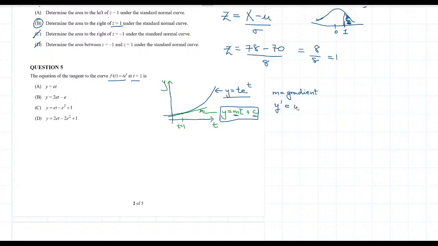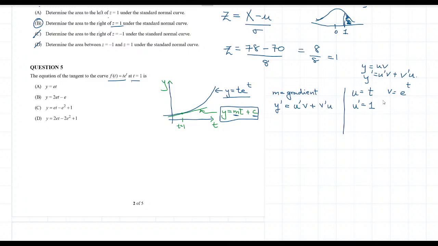In order to do that, we can use differentiation by parts, which is u dash v plus v dash u. For this question, our u can be t. So u dash, which is its derivative, is going to be 1. And our v value is going to be e to the t. Just to recap, if y equals u times v, then y dash is u dash v plus v dash u.